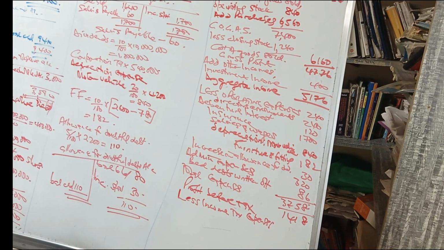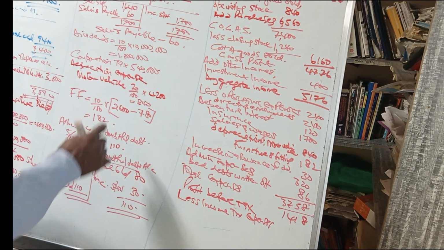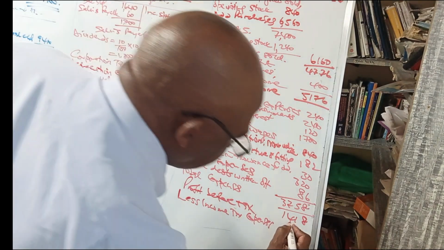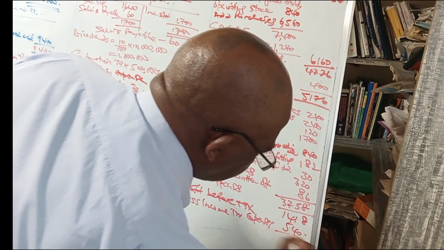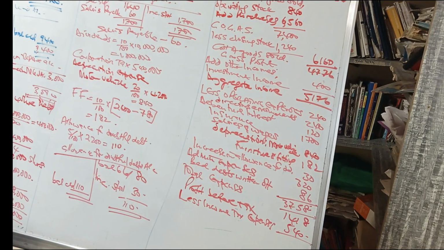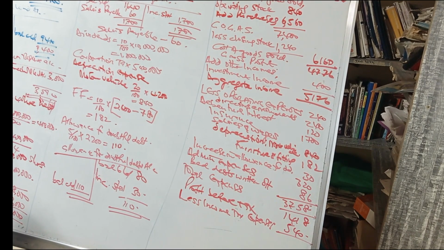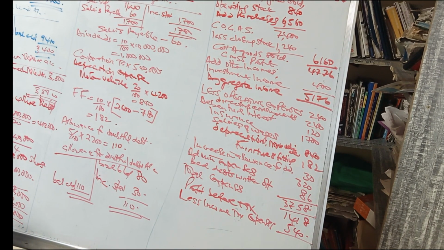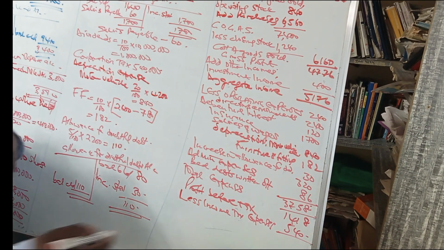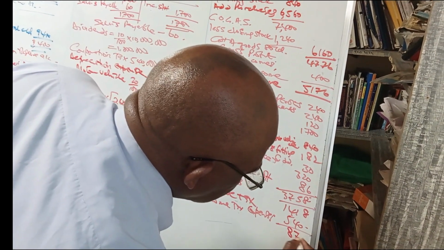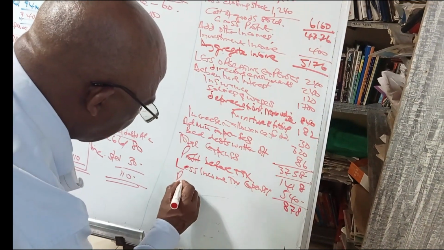In accounting now, we call it income tax expense, and it is 540. 1418 minus 540, we get a figure of 878 as profit after tax.